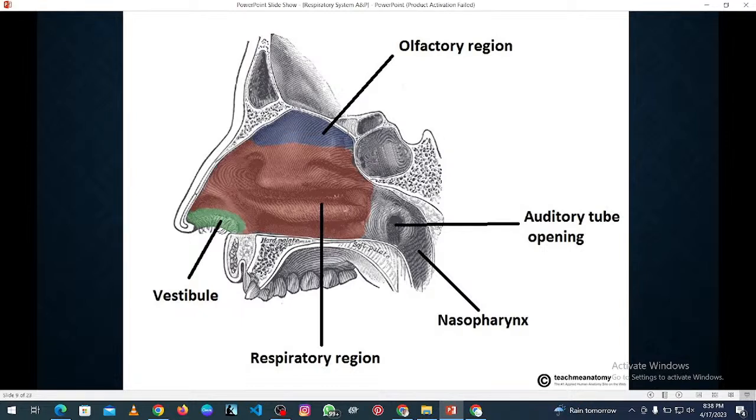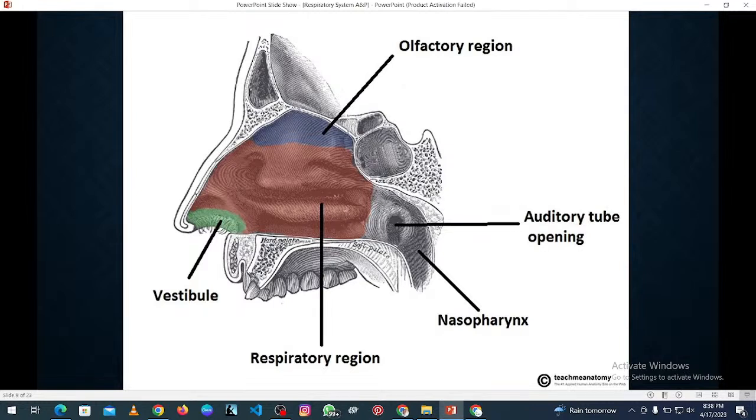The Swahili word is vumbi. So if you can kindly remind me of the English word for vumbi... dust. Yes, thank you, dust. So when you breathe a lot of dust, then the vessels will as well be stimulated to produce mucus.